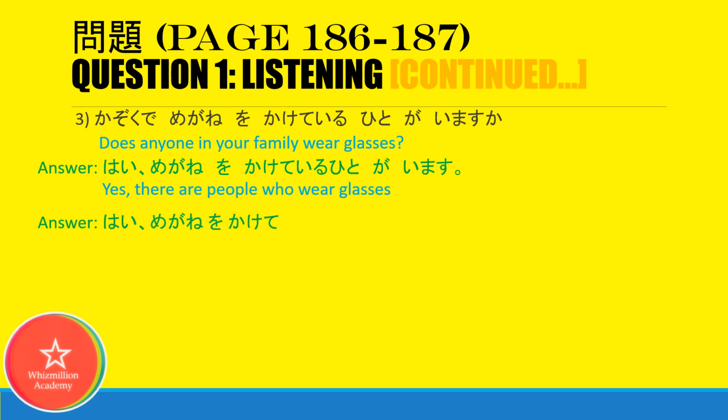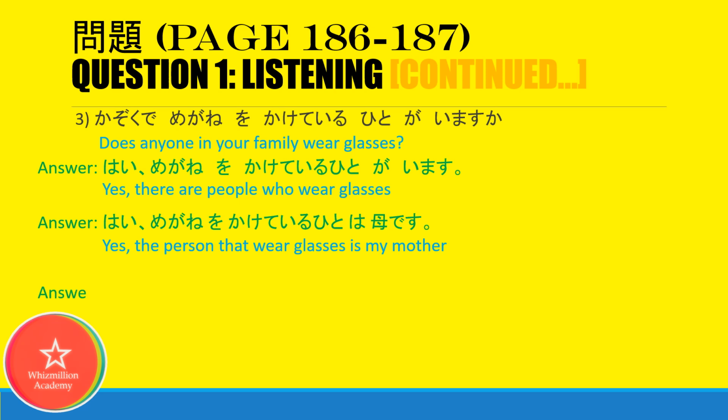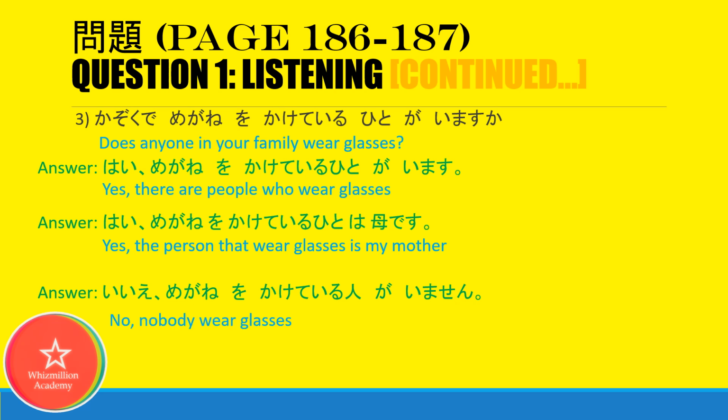Or another answer you can use is はい、メガネをかけている人は母です。Yes, the person that wears glasses is my mother. Or another possible answer is いえ、メガネをかけている人がいません。No, nobody wears glasses. So there are 3 possible answers.